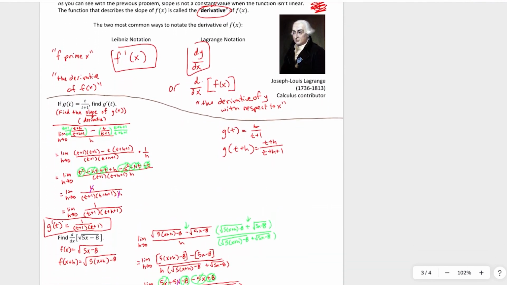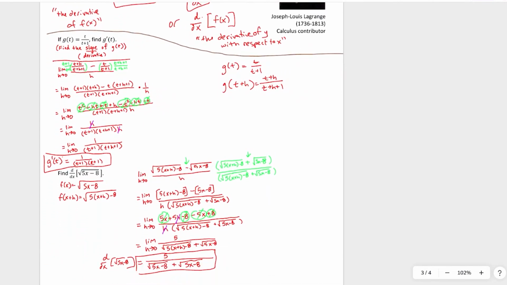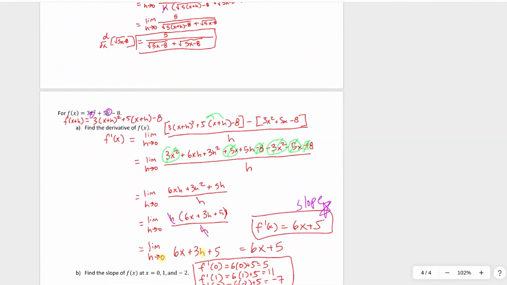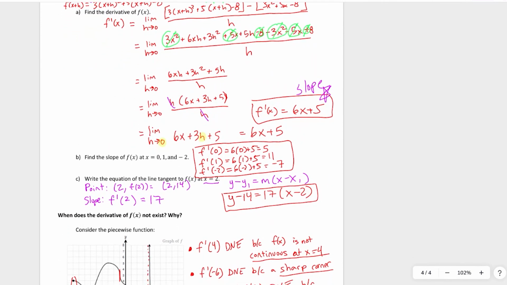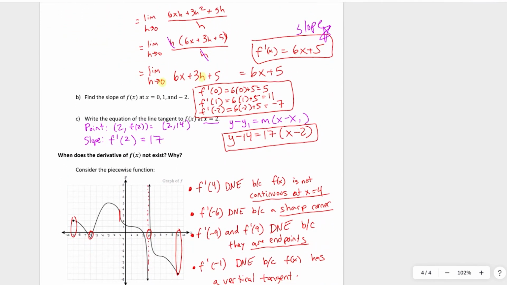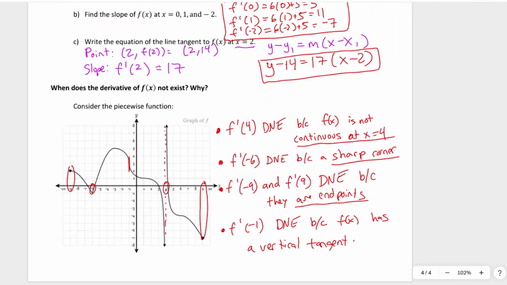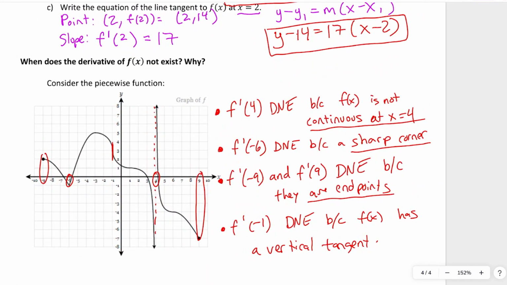So when we find that derivative, we can find the slope at any given point. And so that's what we're doing down the line here, finding the slope at different locations. We're now able to write an equation of the line that's tangent to the curve. And we're starting to investigate when the derivative may not exist. Again, we'll go into more detail of that down the line.